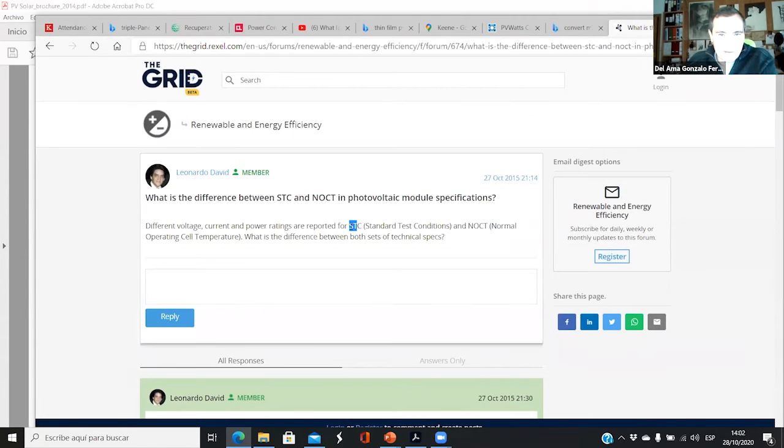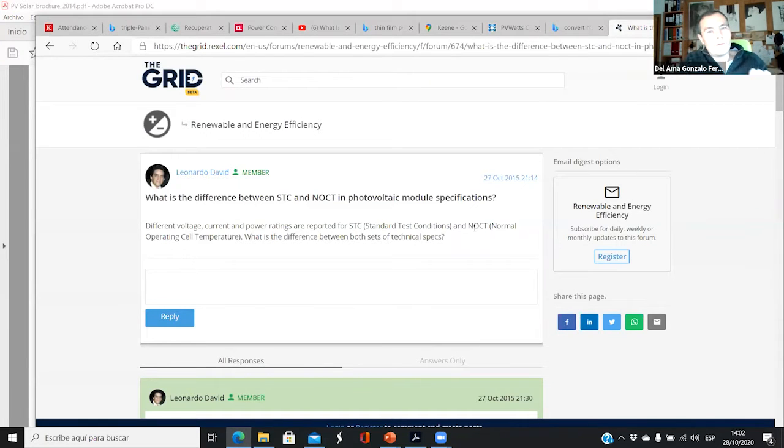We have the standard test conditions. The standard test conditions for the PV panel means that we have the best possible conditions to operate the PV panel. Those are conditions that usually don't happen because we need the maximum solar irradiance that we can have on Earth.